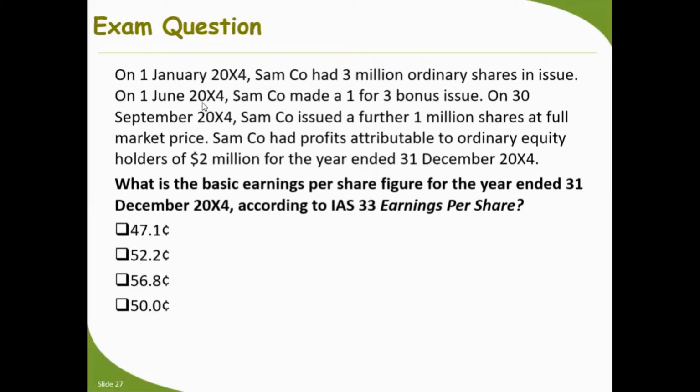First, till the bonus issue on 1st June 20x4, the number of shares we have is 3 million times the bonus fraction, which is 3 by 4: the number of shares before the bonus issue divided by the number of shares after the bonus issue. So 3 million divided by 4 million is 3 by 4.